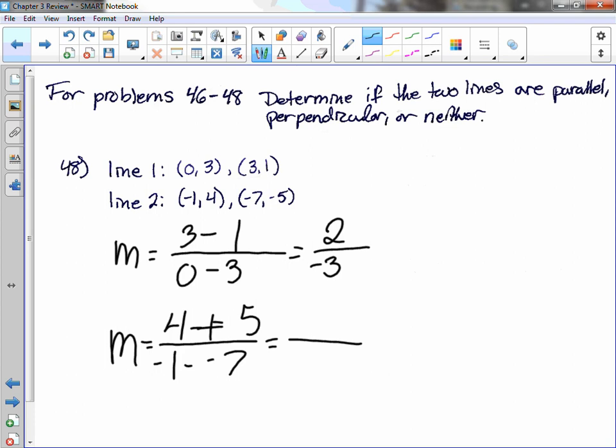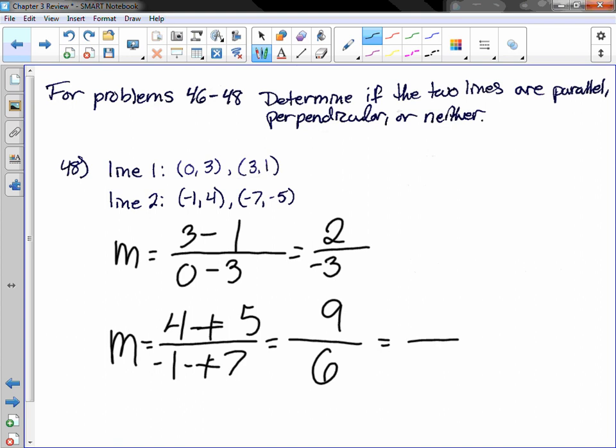Well, negative and negative would make a positive, which would give us 9. Negative and negative would give us a positive, which would give us 6. Well, 6/9 is the same as 3/2, yes? So are these two the reciprocal of each other? Well, they flipped. Is 2 over 3 the flip of 3 over 2?